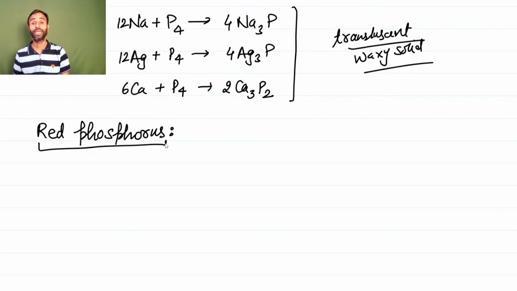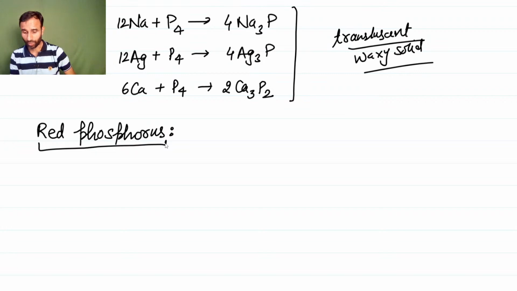That's why it is a crystalline solid. See, first difference, white phosphorus is a translucent waxy solid. Next difference, in red phosphorus, that is a crystalline solid.